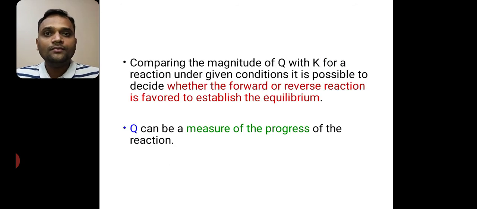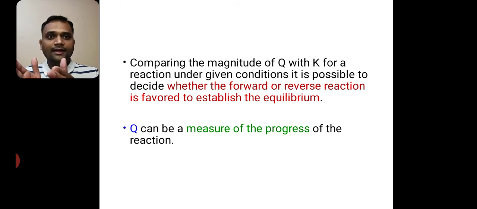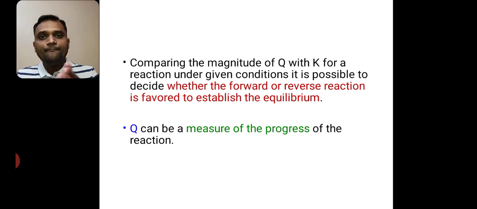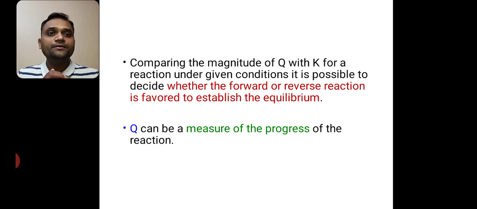See, we can compare the magnitude of Q with K for a reaction under given conditions, and it is possible to decide whether the forward or reverse reaction is favored to establish the equilibrium. So, by comparing the value of Q and K, we can decide whether our reaction will be a forward reaction or the backward reaction to establish the equilibrium.